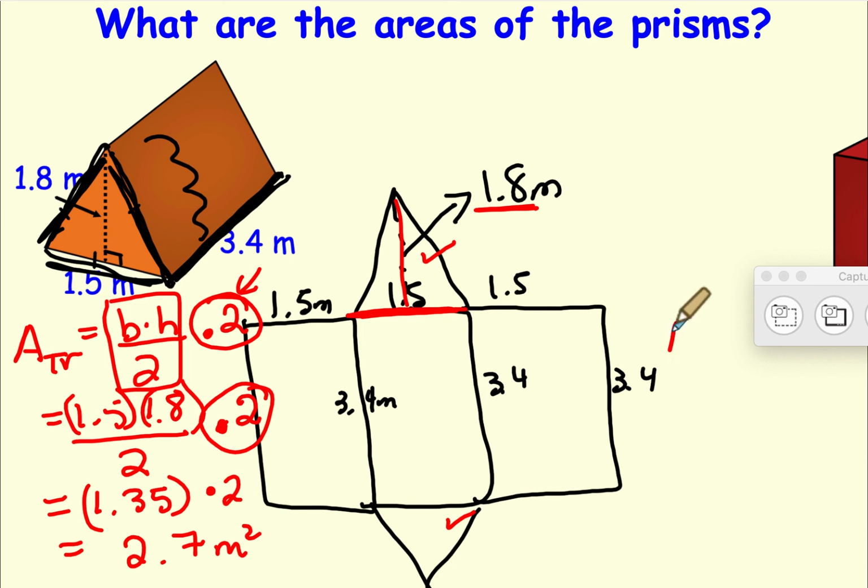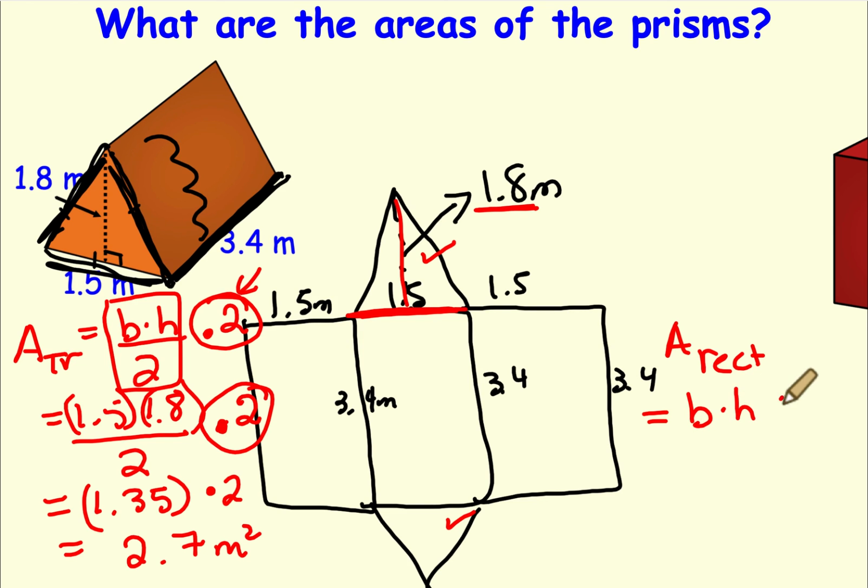So now I'm going to do the area of the rectangles. A rectangle is base times height, and I have 3 of them that are congruent. Don't always assume they're going to be congruent, because we could have a triangle that is not isosceles or not even equilateral.